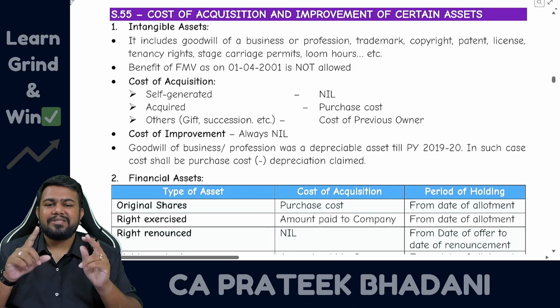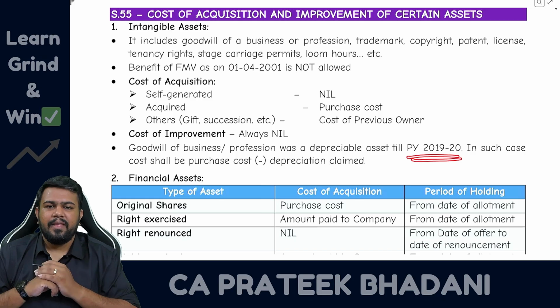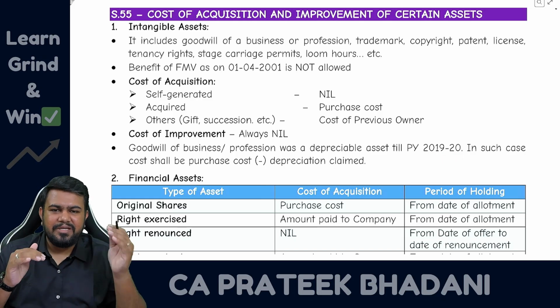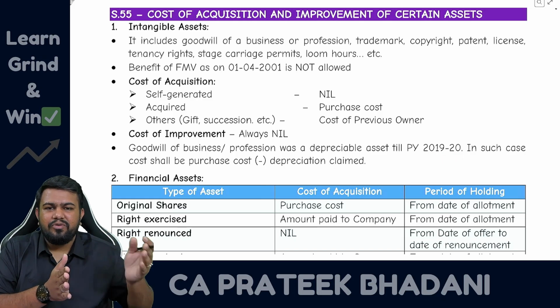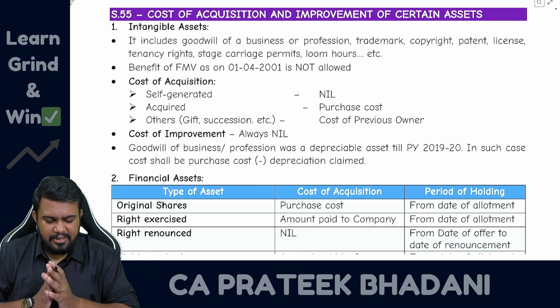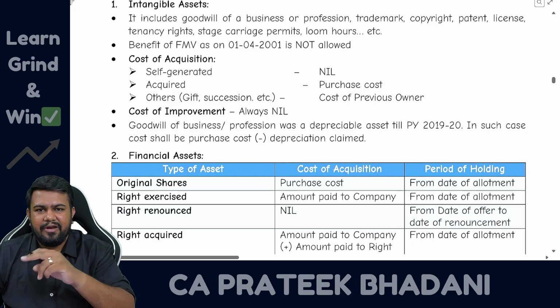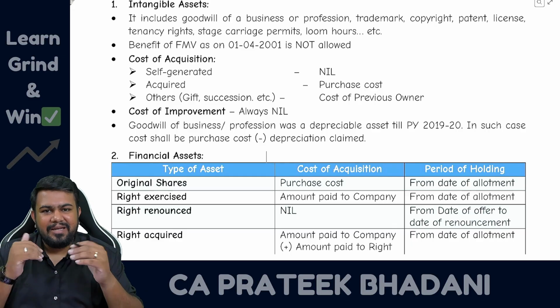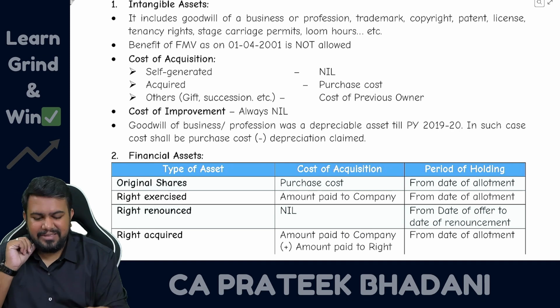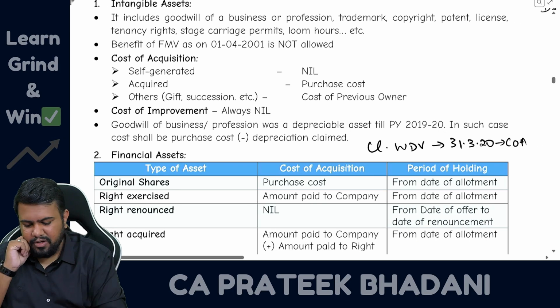Now one point about goodwill. Goodwill was earlier considered a depreciable asset till previous year 2019-20, but after 1/4/2020 onwards it is not a depreciable asset. You cannot claim depreciation. That is why if the goodwill was existing before 1/4/2020 and you have claimed depreciation on goodwill, then whatever is the closing WDV as on 31/3/2020, this only will become your cost of acquisition.